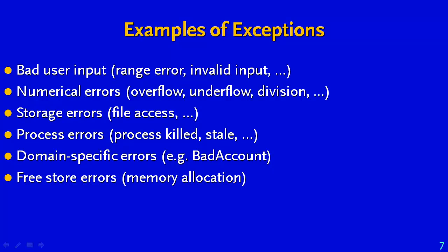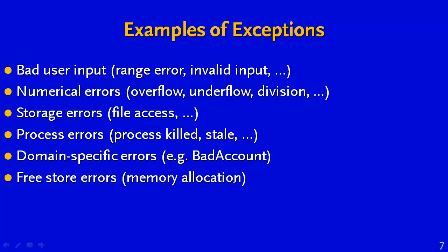What kinds of exceptions can you have in C++? Bad user input mainly. For example, a range error: you're in an array maybe 100 long, and you give a value corresponding to index 120, so you're outside your range.